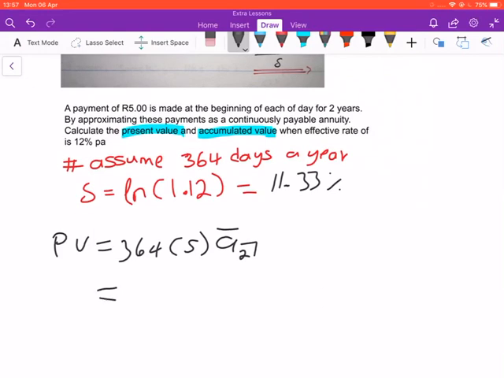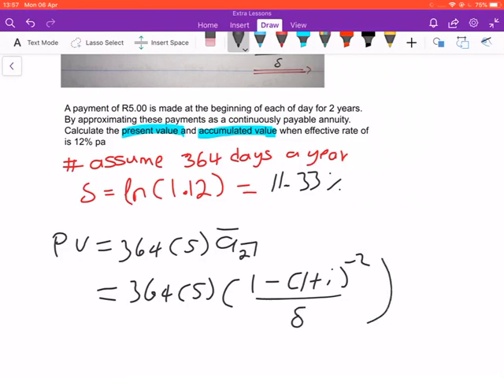So you will have 364 times 5 times (1 minus (1 plus i) to the power minus 2) over the force of interest, and the answer you have should be 3,265 and 91 cents. Check if this is the same answer as yours and compare them.